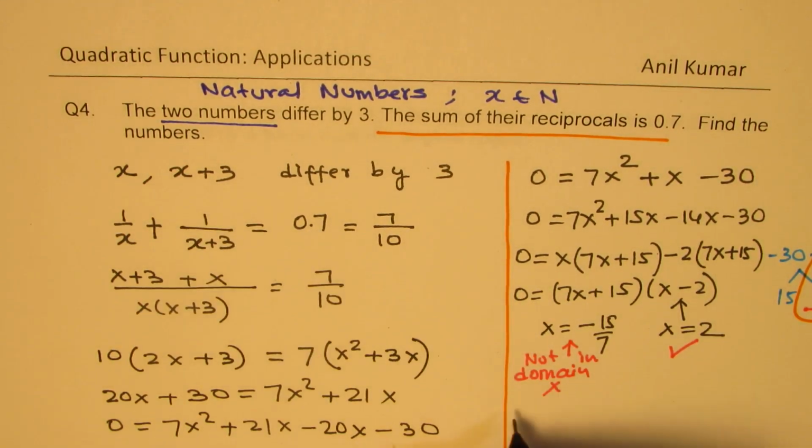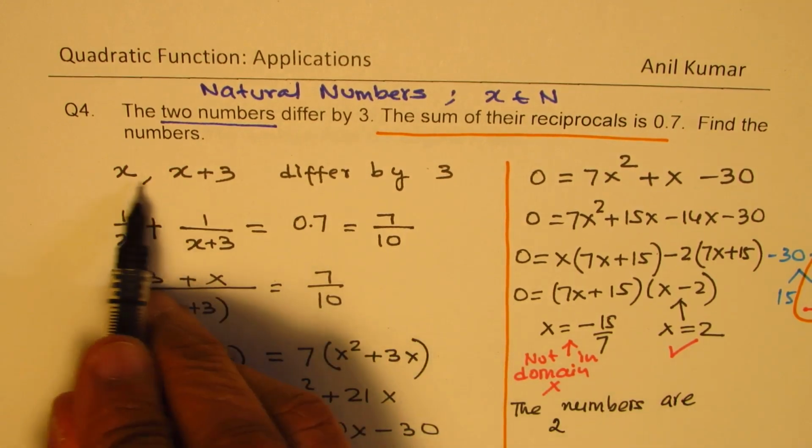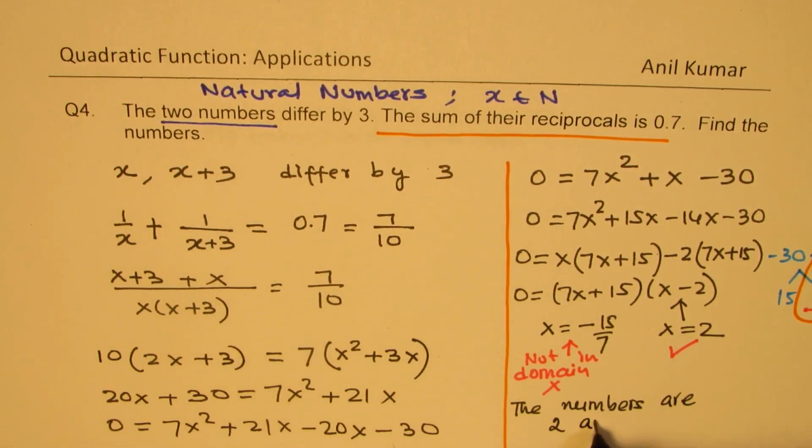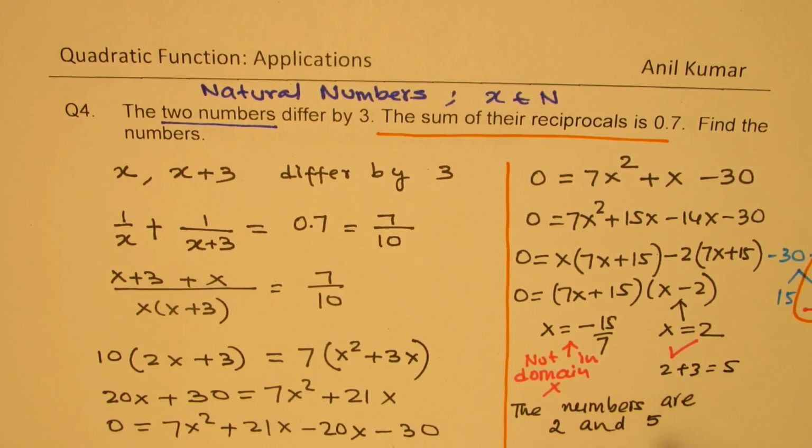Find the numbers. So the numbers are 2, and the other one is 2 plus 3, which is 5, correct? So that is how we are going to get our solution. Is that clear?